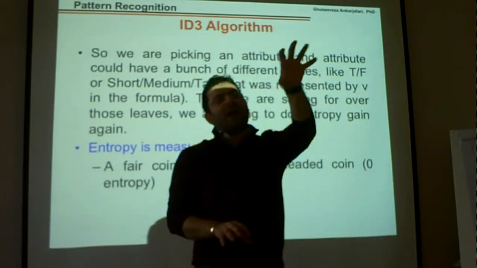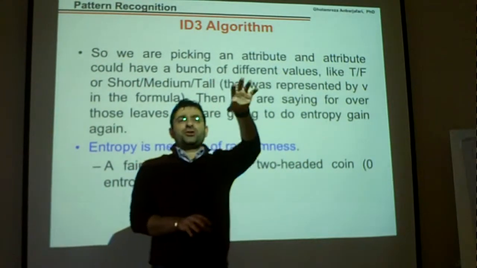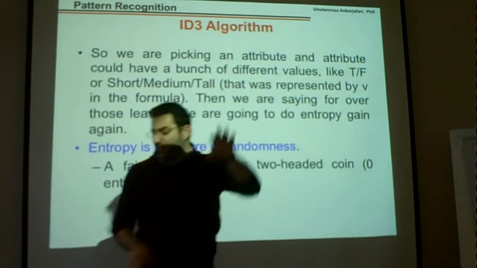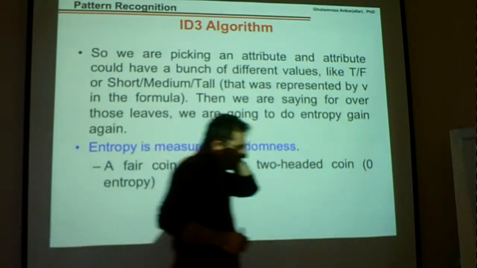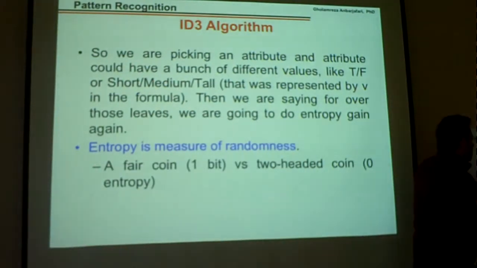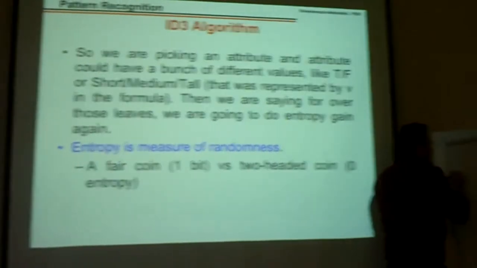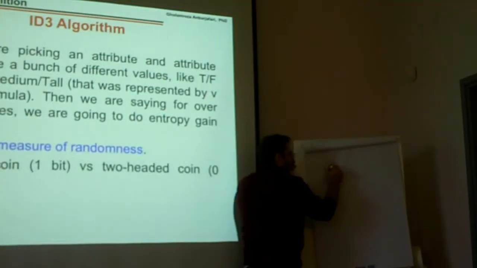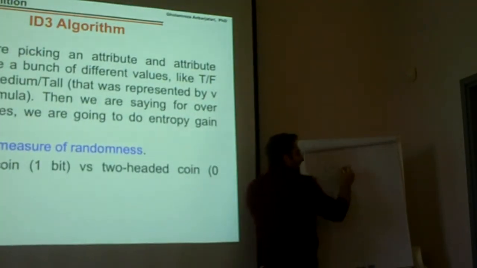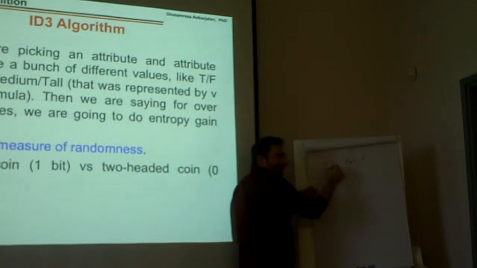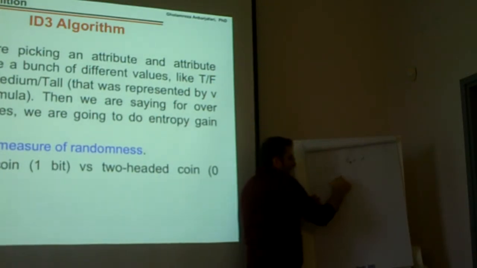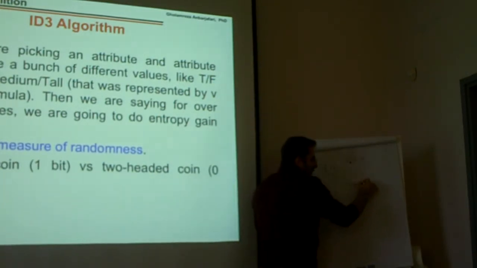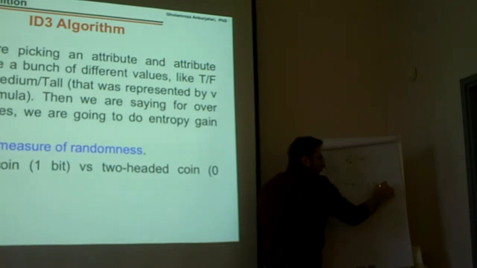If I tell you that I have a node, let's put it in this form. If I have a node, attribute A, at the beginning the entropy, entropy 0, is equal to alpha. And if I use A, at this level I get entropy 1 to be alpha over 2.